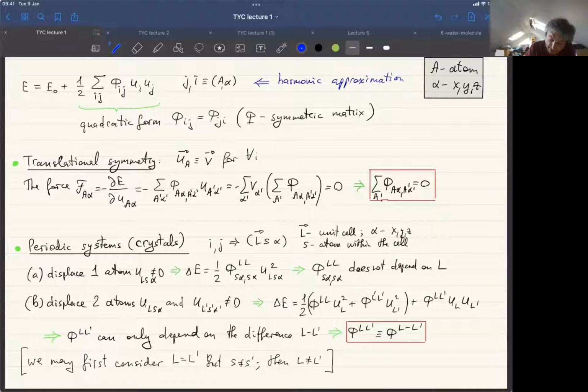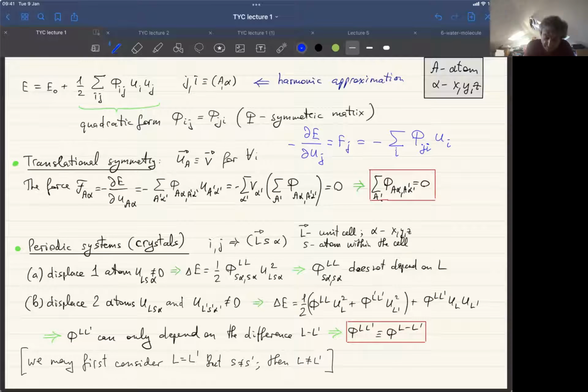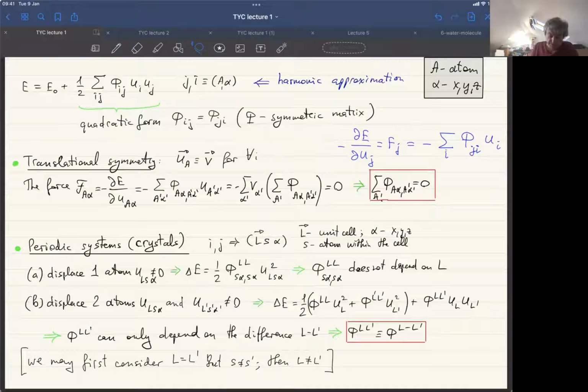If I differentiate energy with respect to atomic displacement J with the minus sign, that will give me a force acting on the degree of freedom J. And if I now differentiate that expression, what I will get is minus the sum over I of phi_JI u_I. So that would be the force.